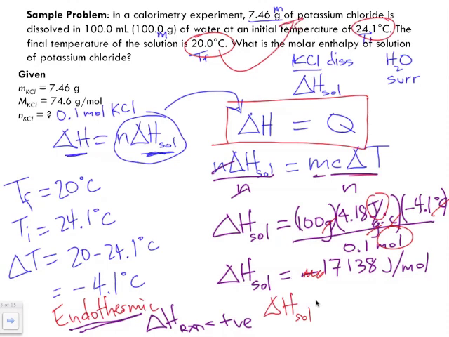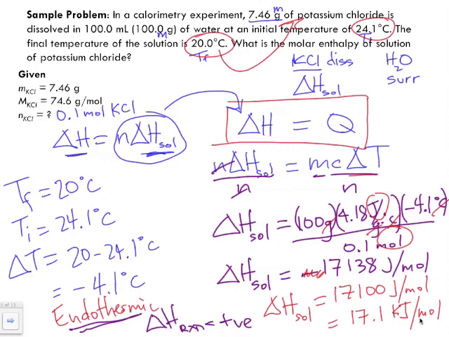Hence the reason why this value now, based on three significant digits, because 3 significant digits is the least number of significant digits in my question, is equal to 17,100 joules per mole. And more specifically, I could convert this to 17.1 kilojoules per mole of energy.